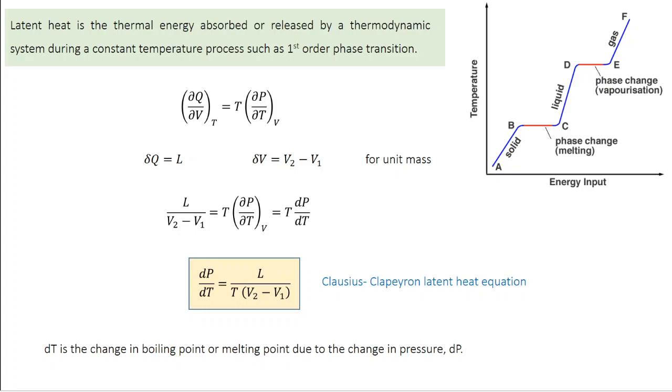So in such cases, the heat absorbed or released is known as latent heat of the material. So you can define latent heat as the thermal energy absorbed or released by a thermodynamic system during a constant temperature process, such as first order phase transition.